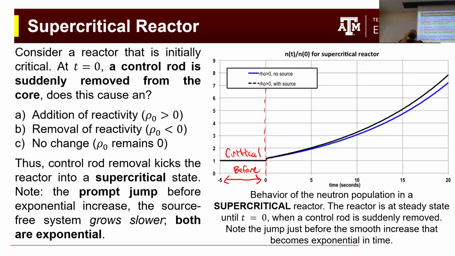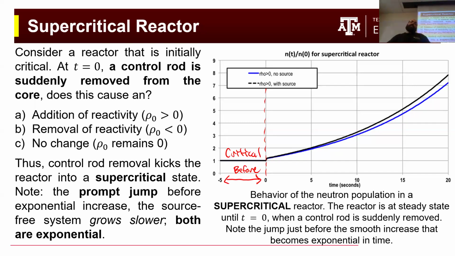So if the reactivity is positive, how is that going to affect the neutron population? Does that mean the neutron population is going to start growing more or decreasing if the reactivity insertion was positive? Yeah, but the control rod is being removed, right?